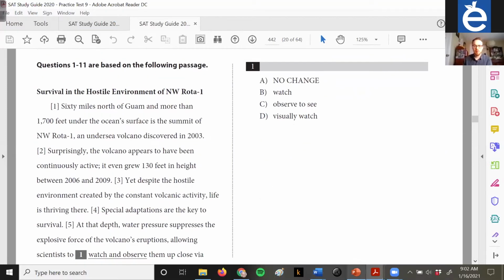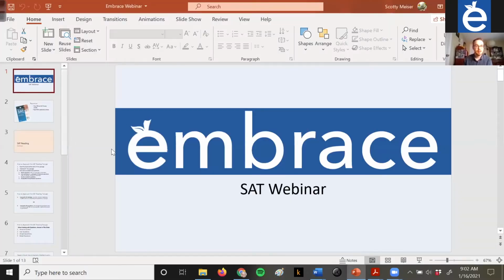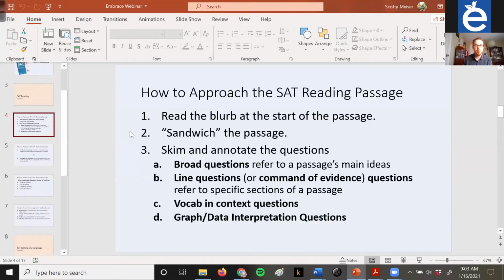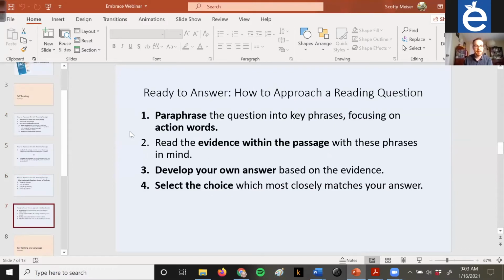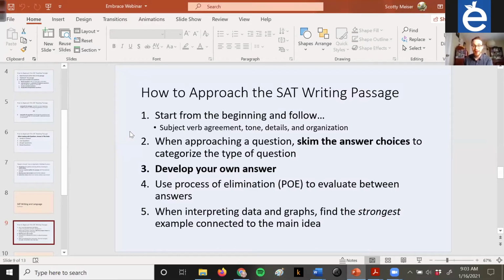So let me pull up those basic strategies we have for writing and language. Again, remember how in reading comp, these reading passages took up like 4 or 5 slides? This is the only writing and language slide.